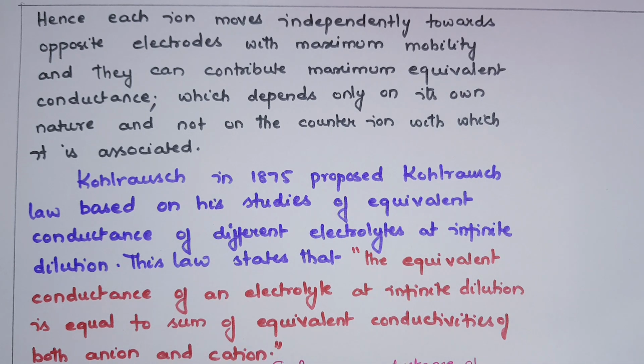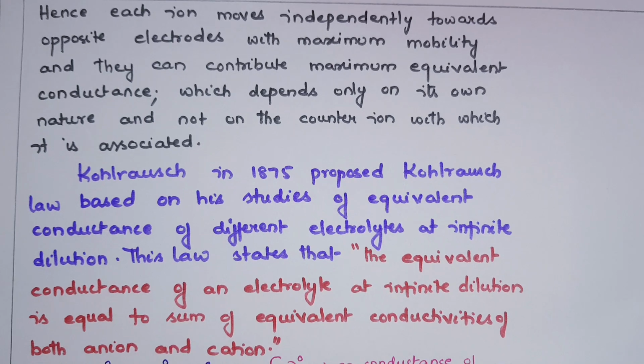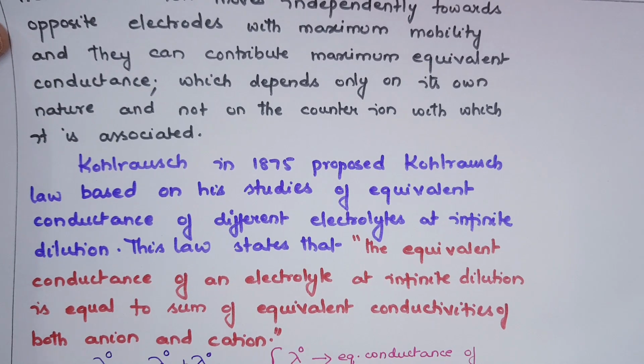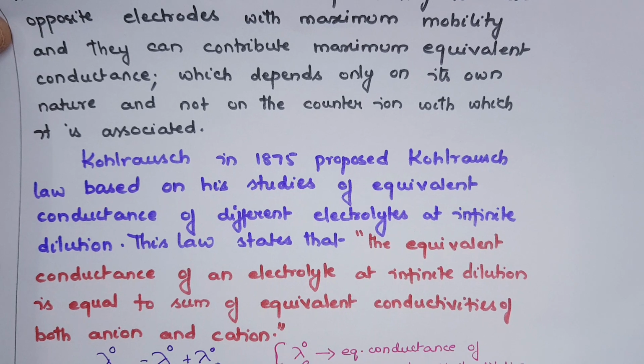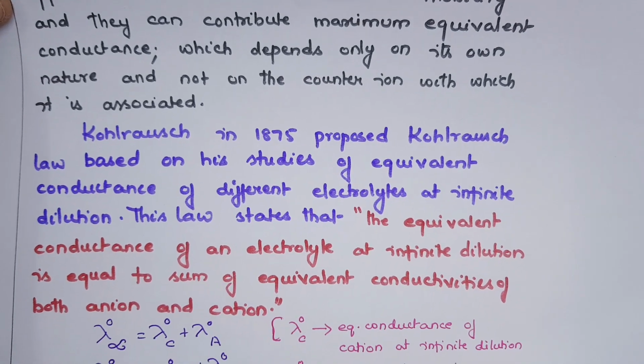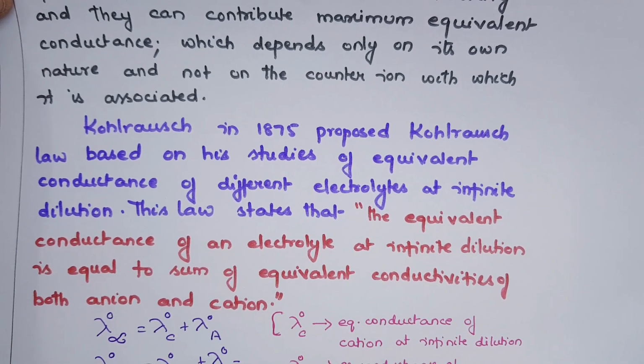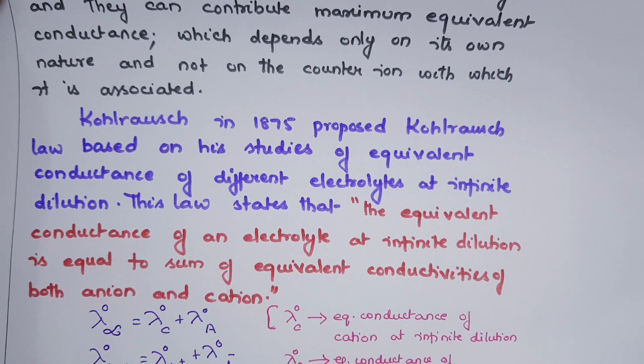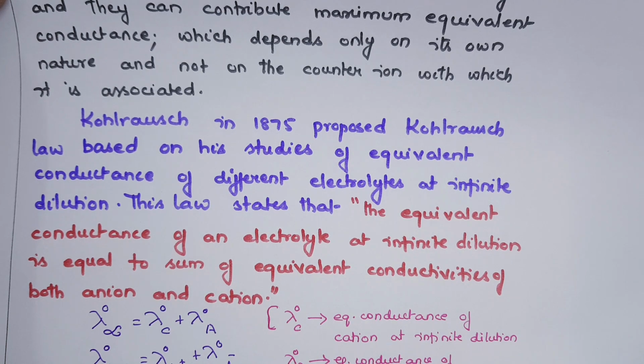Now, the statement of Kohlrausch law is, this law states that the equivalent conductance of an electrolyte at infinite dilution is equal to, carefully listen, the sum of equivalent conductivities of both anion and cation.